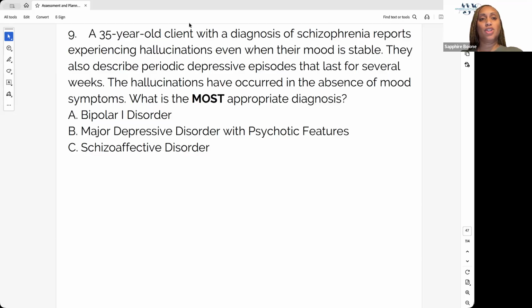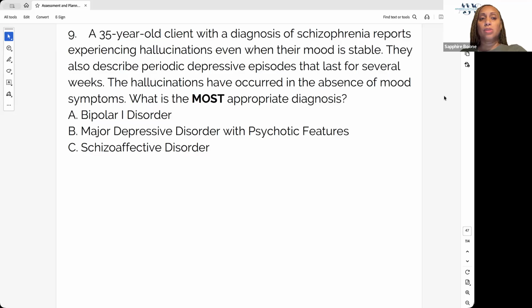All right, let's do 9. What is the most appropriate diagnosis? A 35-year-old client with a diagnosis of schizophrenia reports experiencing hallucinations even when their mood is stable.